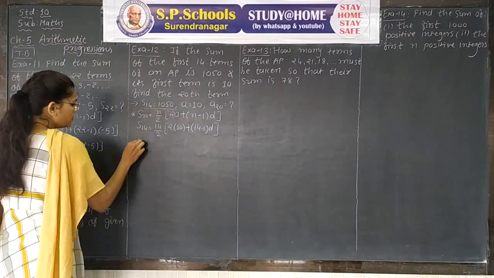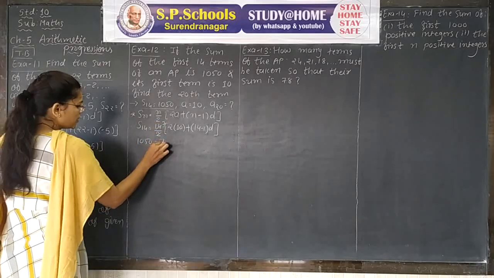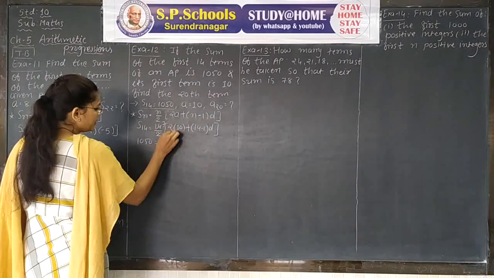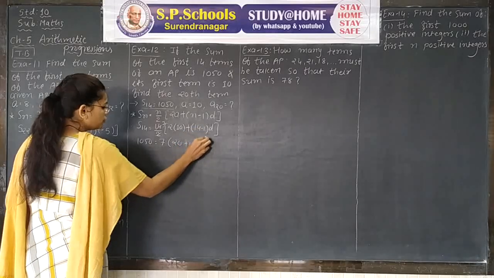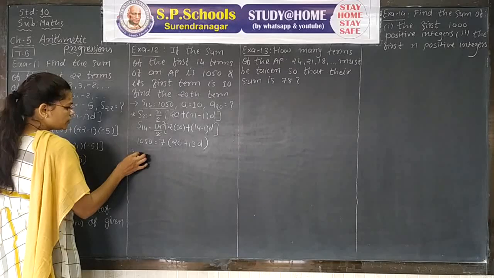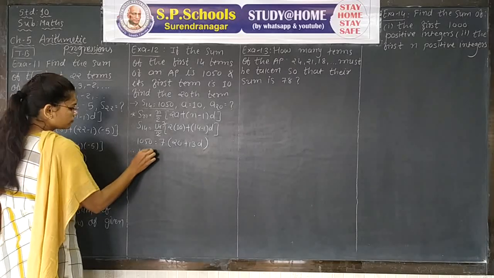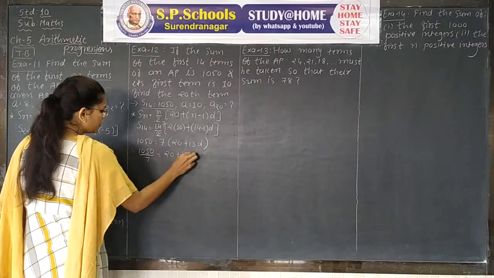S14 is given 1050, now cut is possible, 2 7s are, then 7 here into bracket 10 2s are 20 plus 14 minus 1 is 13 into d. Now 7 goes to the denominator of 1050 upon 7 is equal to 20 plus 13d.